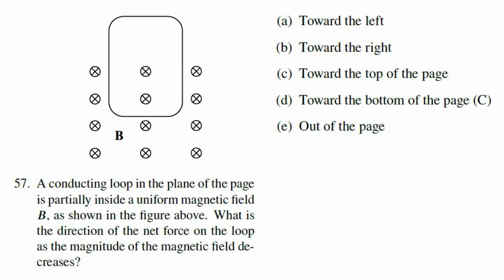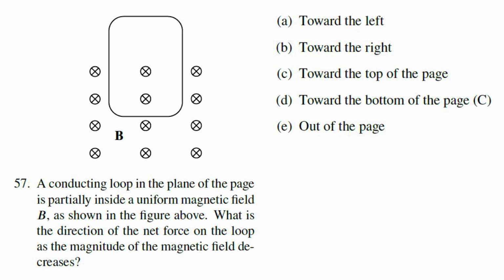57 is an induced electromagnetism question. So a conducting loop in the plane of the page is partially inside a uniform magnetic field. What is the direction of the net force of the loop if the magnetic field strength decreases? So if the magnetic field strength decreases, then the induced magnetic field will be in the same direction as the external magnetic field.